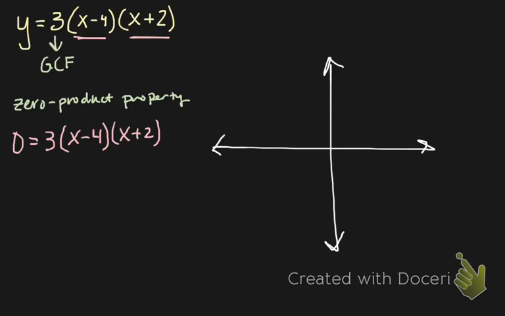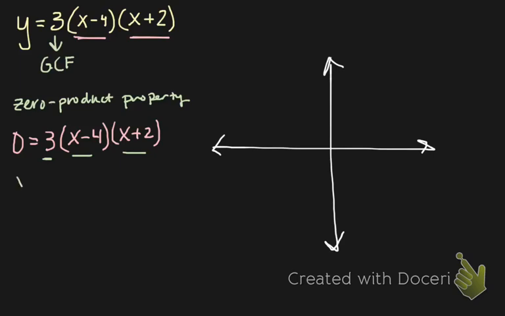And we know if we have three separate things, 1, 2, 3, and we multiply them together and it equals 0, at least one of those things has to be 0. Now we already know 3 is out of the picture because 3 does not equal 0. However, depending on what x equals, x minus 4 could equal 0 or x plus 2 could equal 0. So we just need to find out what that is.